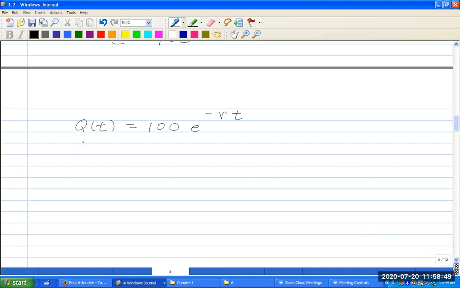And so only 82.04 milligrams remained. You start with 100 milligrams, and you did this for 7 days.